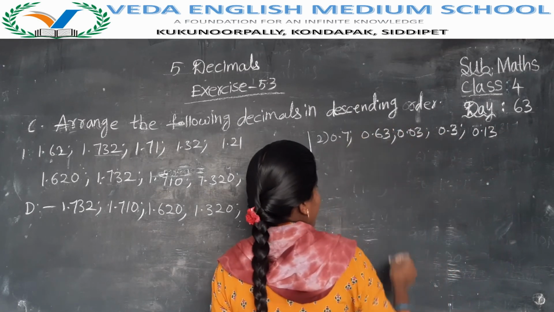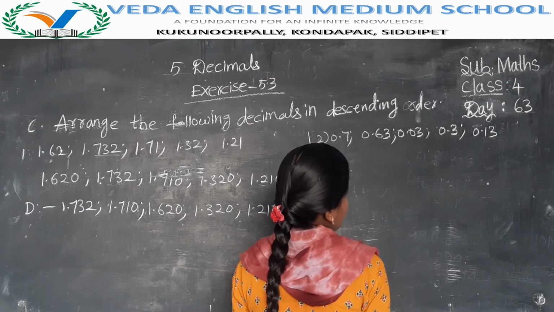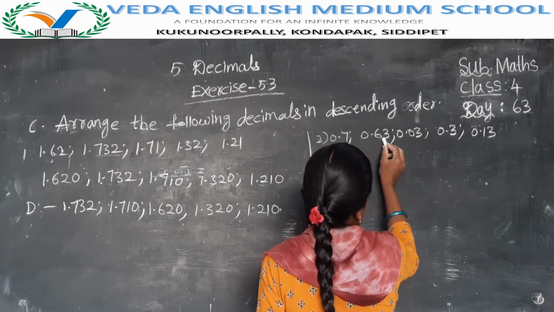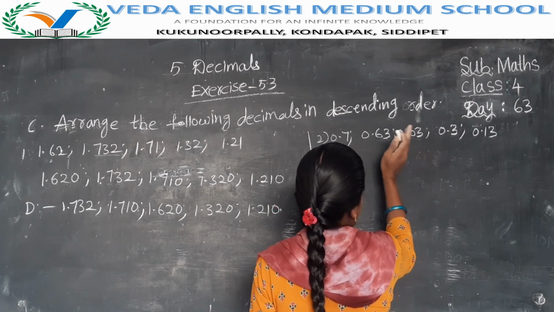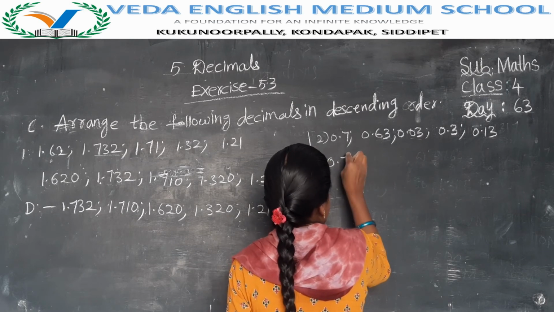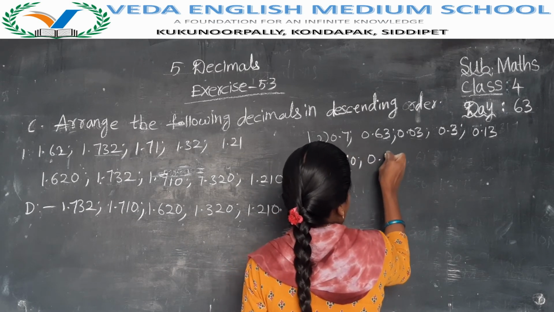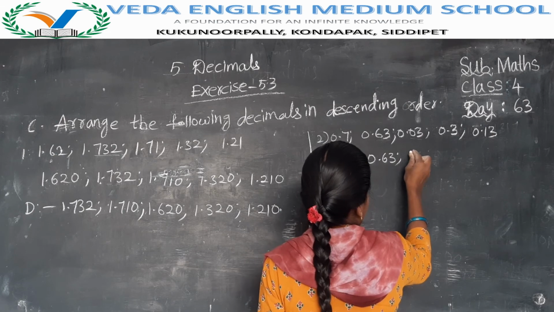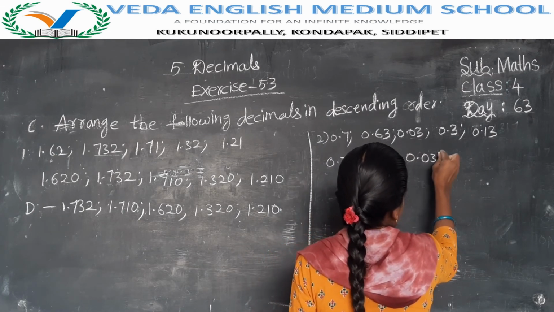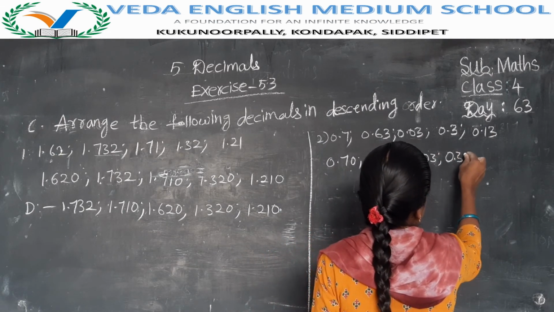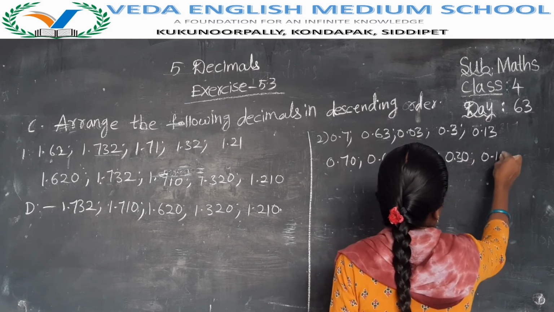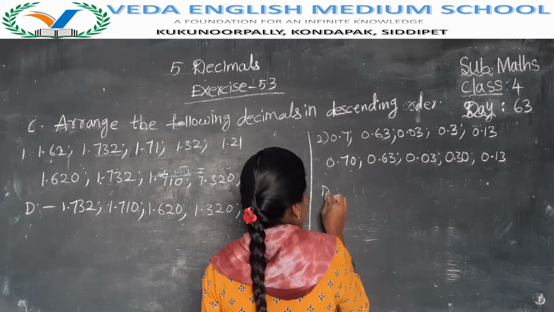Here some are unlike decimals. In which decimal do we have more places? Here 2 is there, here 2. So we have to convert the remaining into 2 decimal places. So that is 0.70, 0.63 as it is, because already we have 2 decimals, 0.03, 0.30 and 0.13. Then write in descending order, big to small.